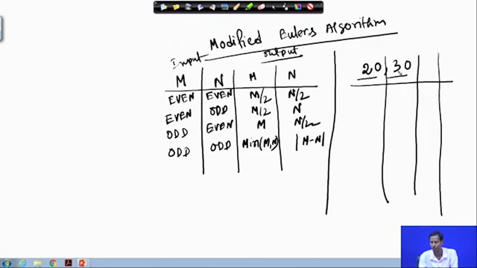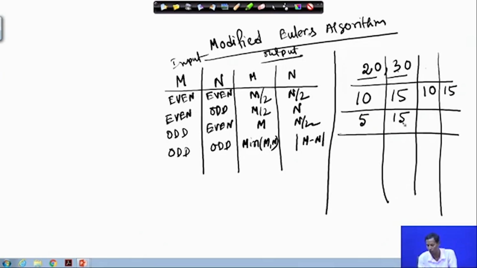Twenty and 30 means both are even, so in the next step it will be divided by 2 each. Here it will be 10 and 15. Then m is even and n is odd, so in the next step this will be 5 and this will be 15.